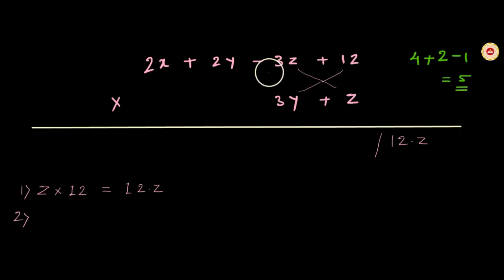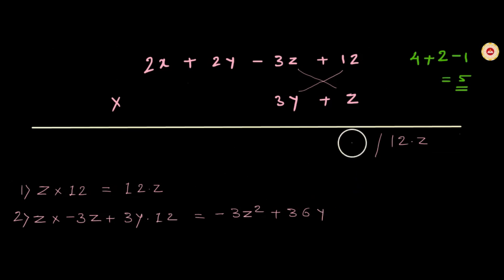So z multiplied by minus 3z plus 3y multiplied by 12, which is equal to minus 3z square plus 3 12s, 36y. So in the second part from right side, minus 3z square plus 36y.